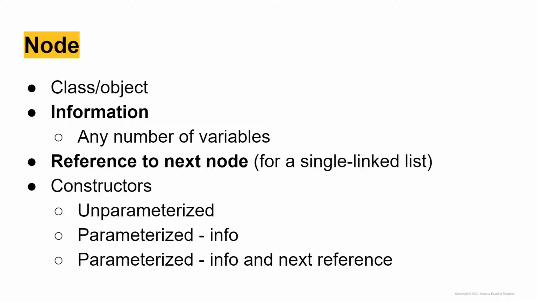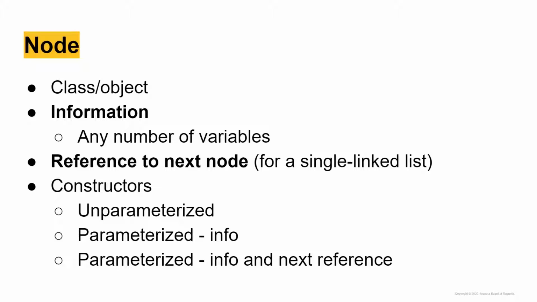This is a vague term intentionally, because it is completely up to you what you need or want your information to be. It could be ints, strings, booleans, other objects of other classes. When you get into really big projects, you'll probably have a ton of information in nodes and linked lists.